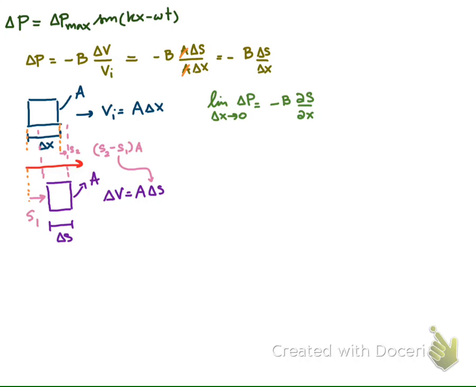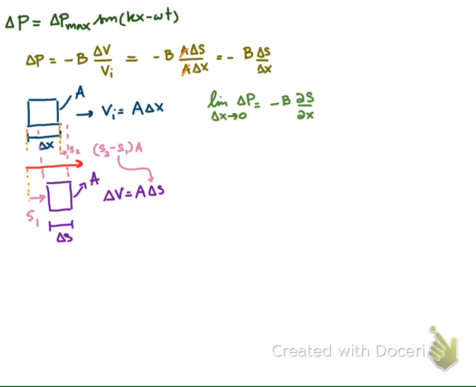Okay, we have the partial derivative here because s depends not only on x but also on t. So this is just the change of delta s with respect to x, so we have to write this as a partial derivative.